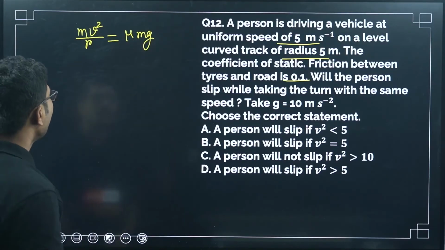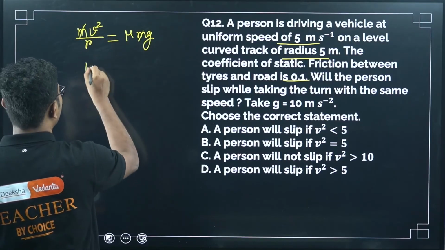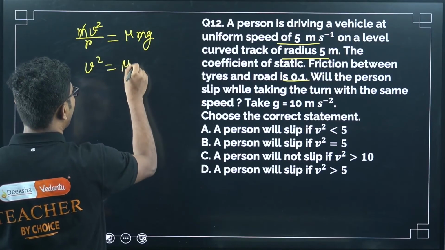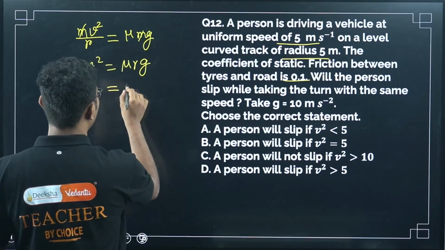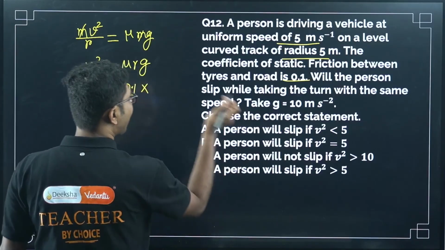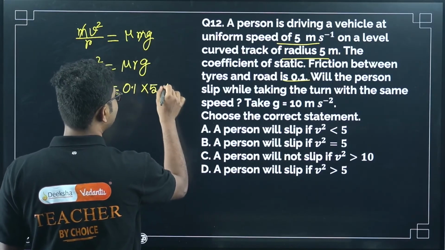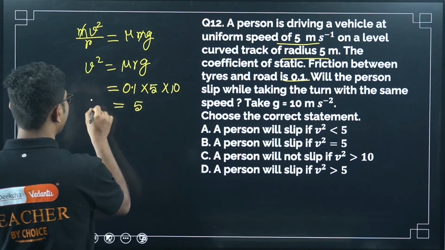Now m cancels. So v square equals to mu R g. Let's put the value. Mu is 0.1, R is 5 meter, g is 10. So it will be 5. So v square equals to 5.